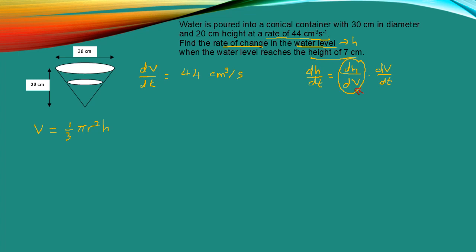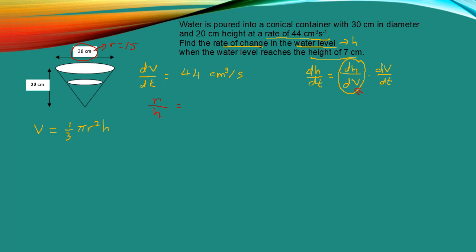We can make a ratio with radius and height. r divided by h will be equal to, we look here, our diameter is 30 cm, so we find radius is equal to 30 divided by 2, which is 15 cm.